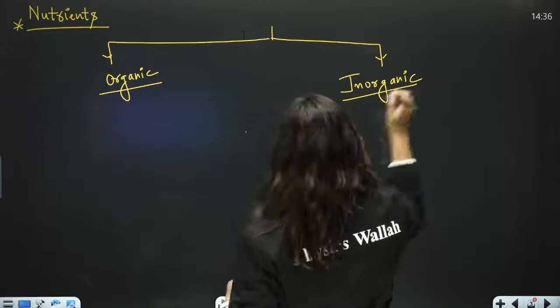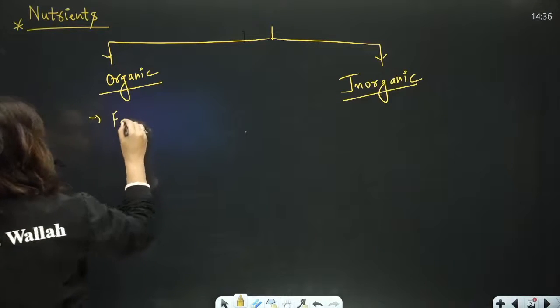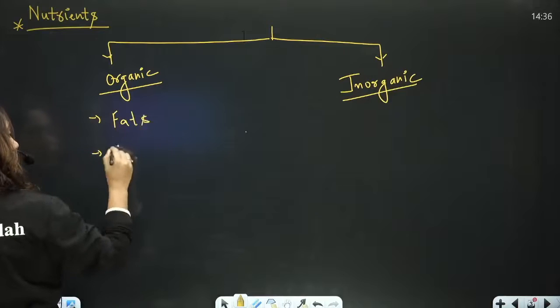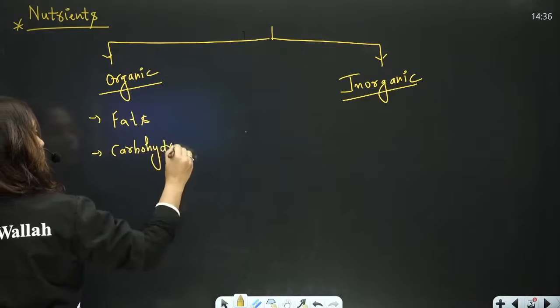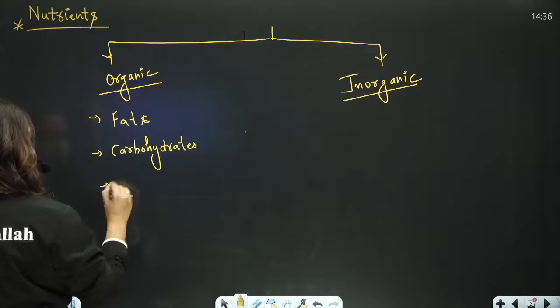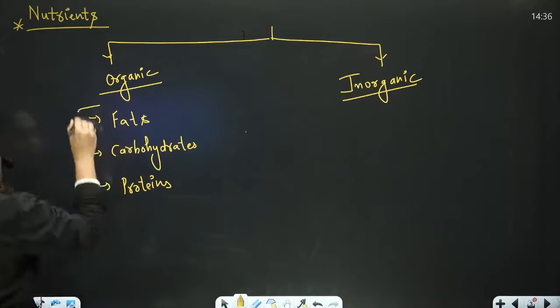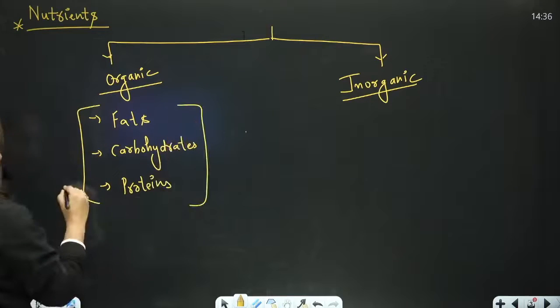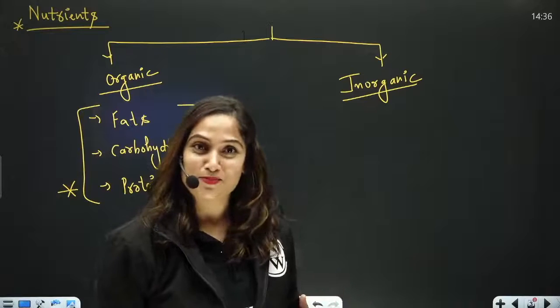Organic nutrients are fats, carbohydrates, proteins. These all are the organic nutrients which are used by the plant for growth and metabolism.